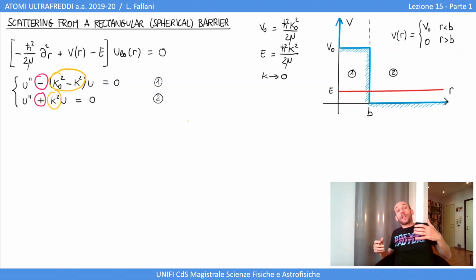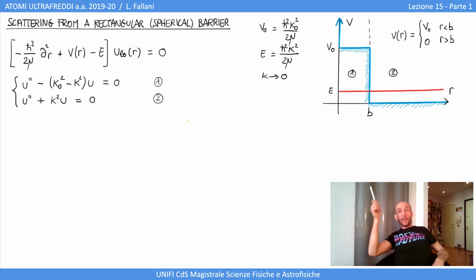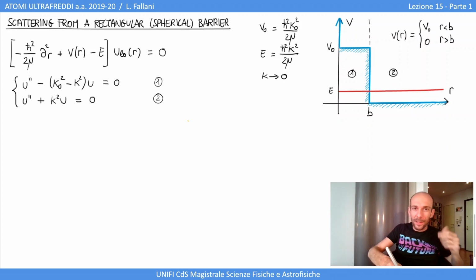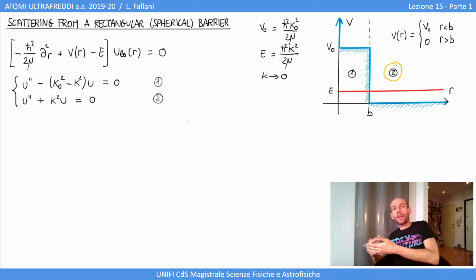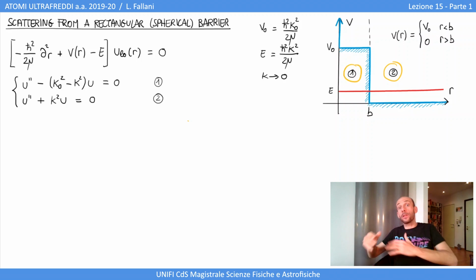And this, of course, comes from the choice of the energy that we made. So the energy of a solution that is indicated in red here above is above the potential energy in region 2. So, in some sense, region 2 is allowed for the particle, while region 1 is forbidden because the energy now is smaller than the potential.